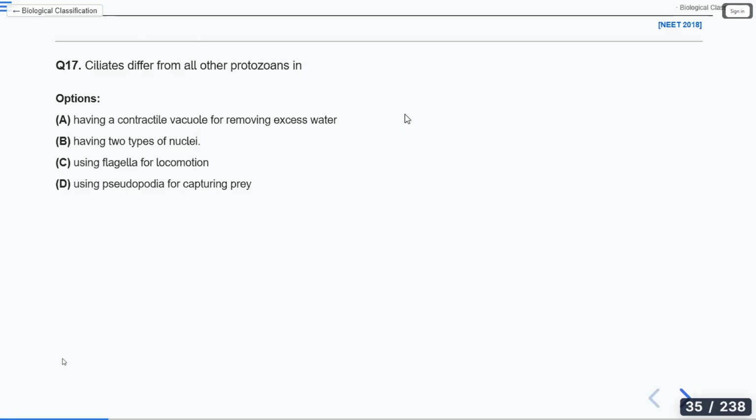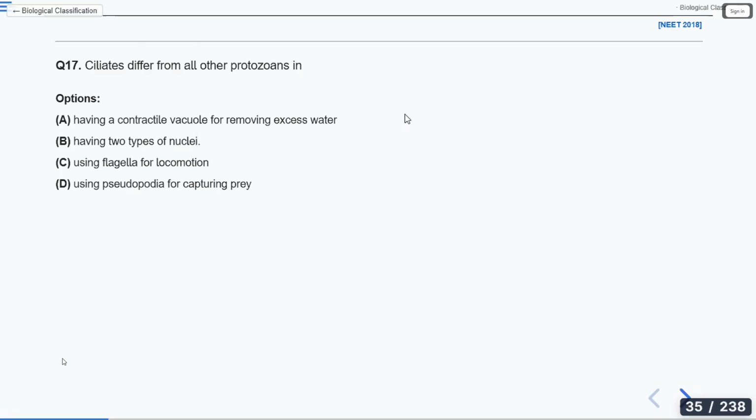It helps in removal of waste, it helps in excretion. The other use is that it helps in osmoregulation, right? The contractile vacuole helps in osmoregulation.